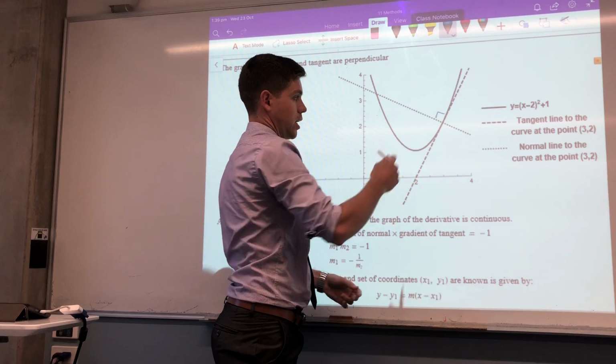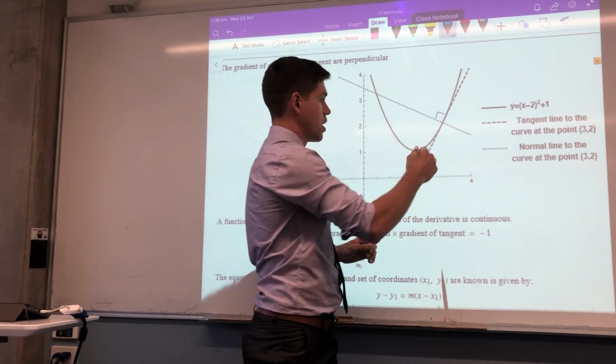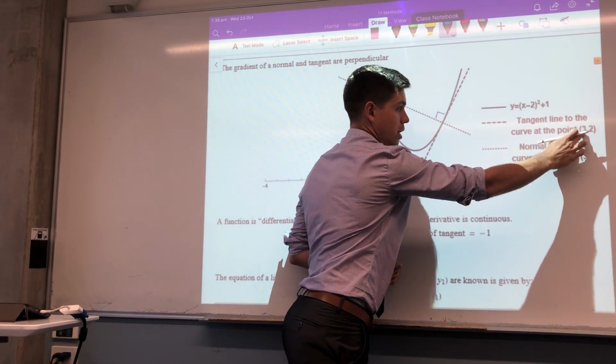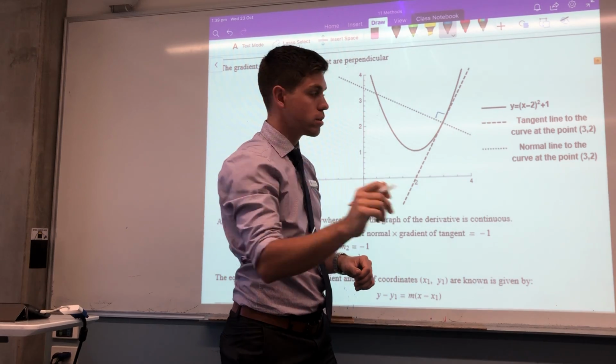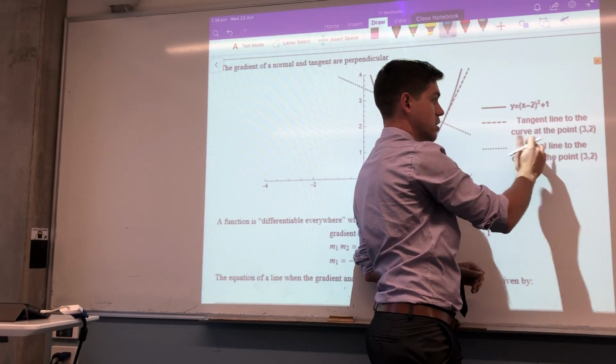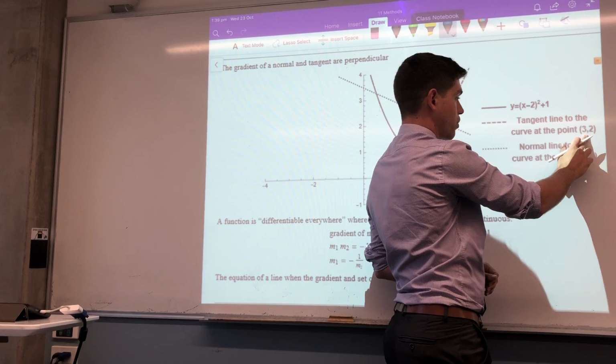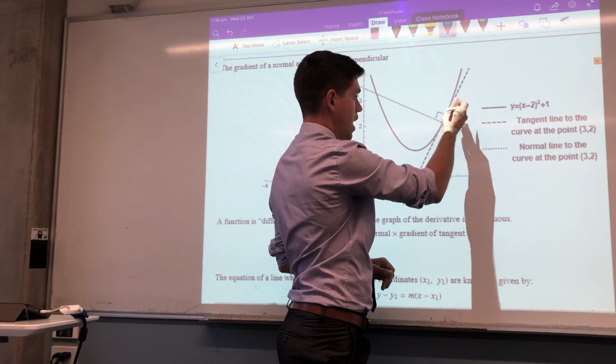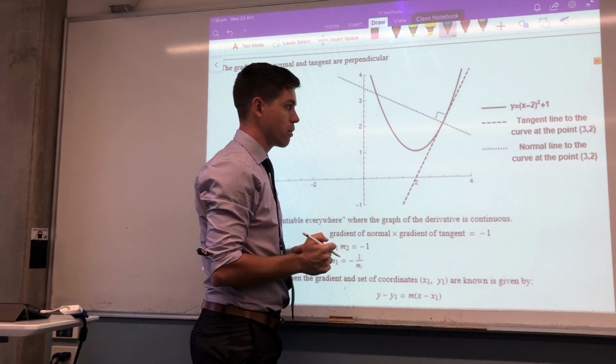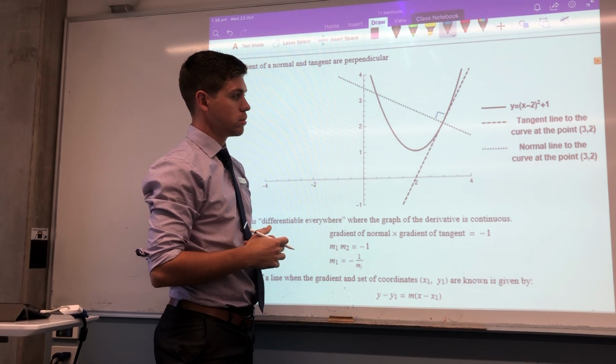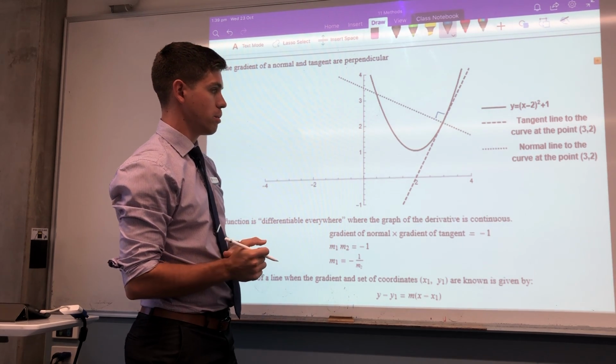At the point (3, 2), and I know that's been cut off on yours, so I've modified it since then, the tangent to the curve at point (3, 2) is this one here, and at 90 degrees to that is your normal line to the curve at point (3, 2).